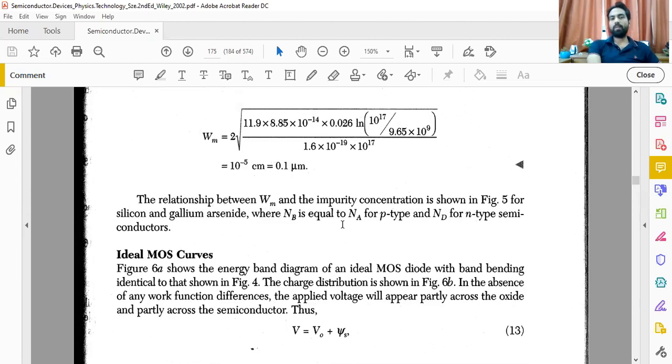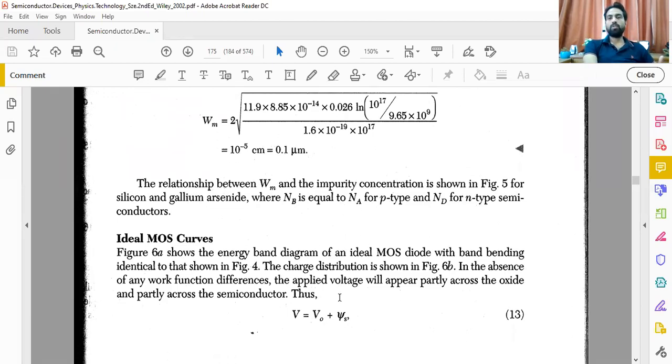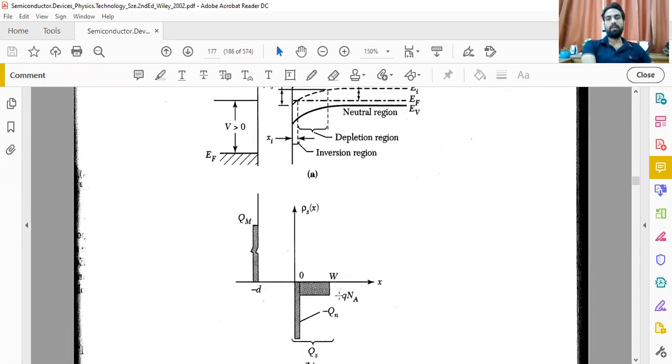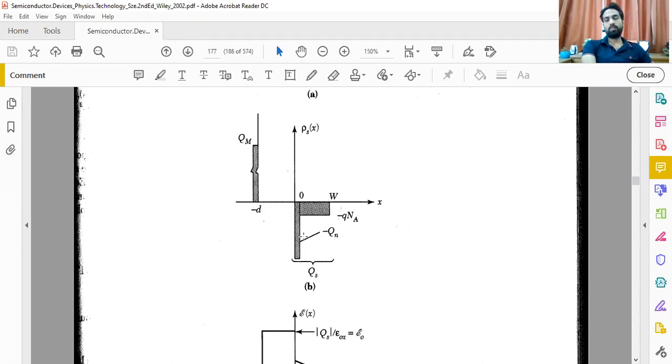So, the energy band gap diagram for an ideal MOS with band bending is identical to that shown in figure 4. The charge distribution is shown in 6b. If we go here, we would be able to get this distribution.